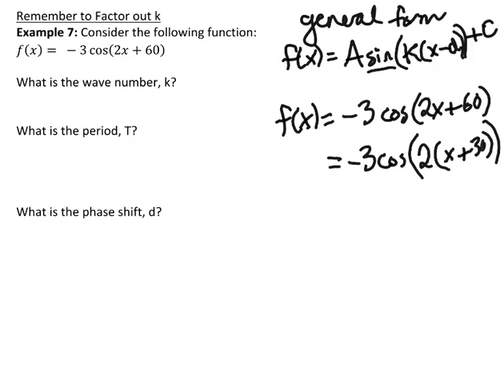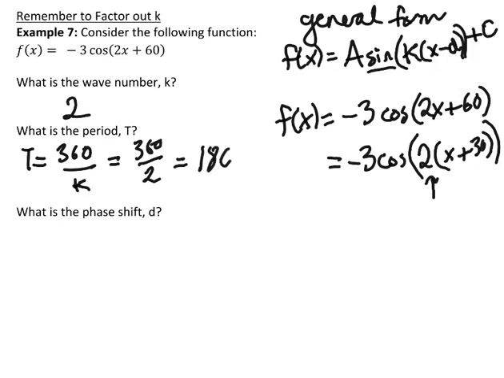All right, so then in this example, the wave number k is just going to be 2. The period is 360 divided by k. So that's going to be 360 over 2, which is 180. So the period of this function will be 180. And the phase shift d is going to be this value in here.